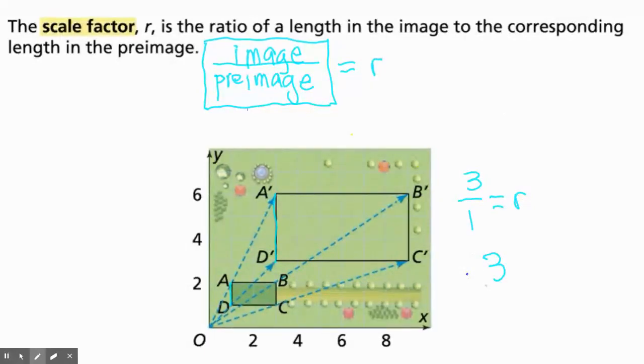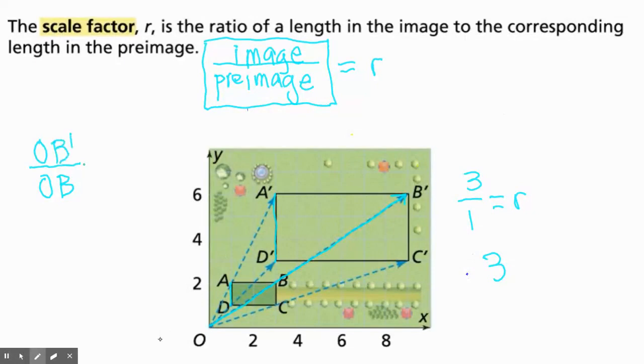Something really important about the scale factor also, which we are going to see in the next screen, is from the origin, this ray right here, this length, OB, so origin to B, which is our pre-image, is also going to run the same proportion, OB prime.